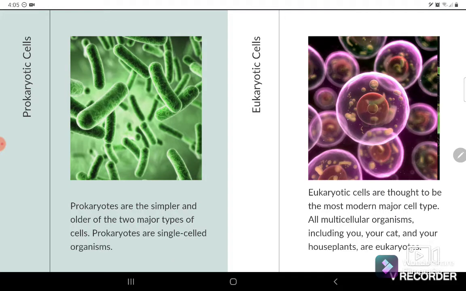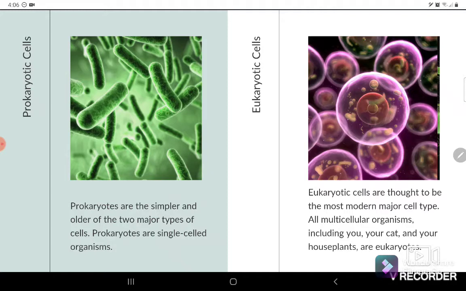And as stated here, eukaryotic cells are thought to be the most modern type of cell. So from the prokaryotic cell, which doesn't have a nucleus, it evolved into a eukaryotic cell, having now a central structure containing the genetic material of that cell, which is now called a nucleus.